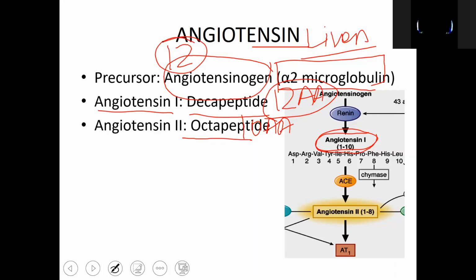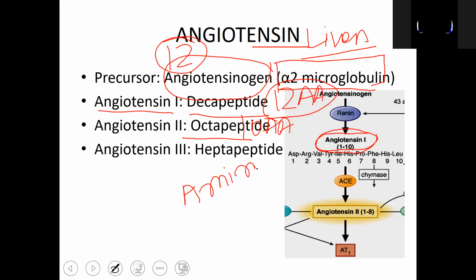One more is angiotensin 3. It is further synthesized from angiotensin 2 when one more enzyme, aminopeptidase, acts on it. It removes one terminal amino acid, and it is a heptapeptide. So angiotensin 3 is a heptapeptide.